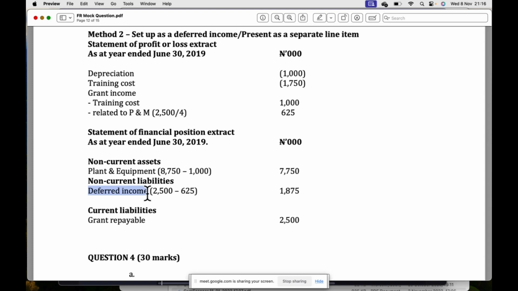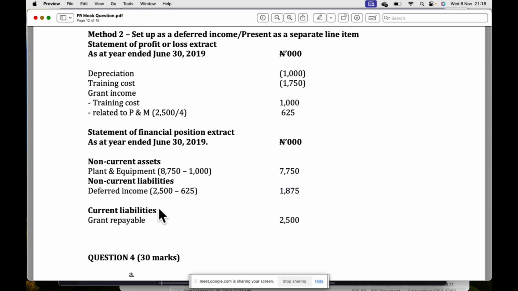Deferred, meaning an income I will recognize next year. So I will remove what I've recognized this year. Remember, I told you that this should have been 5 years. I will remove what I should recognize this year, 500. Then 2,500 minus 500 gives me 2,000.